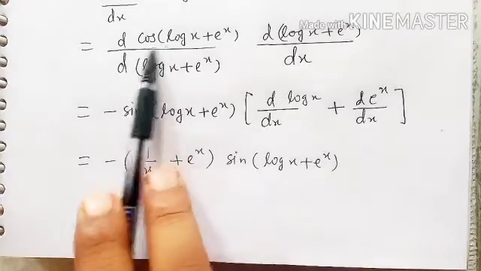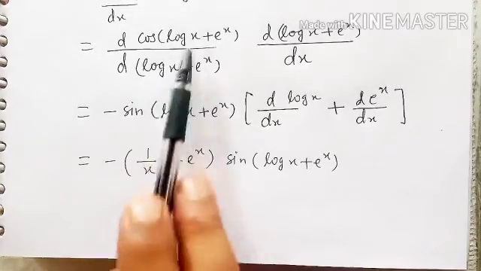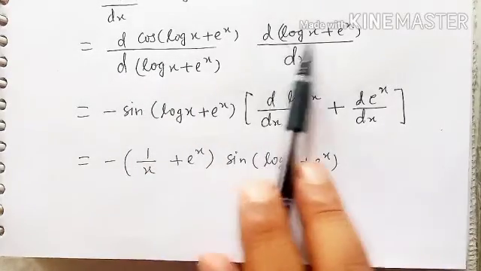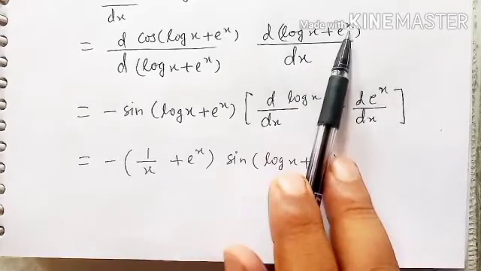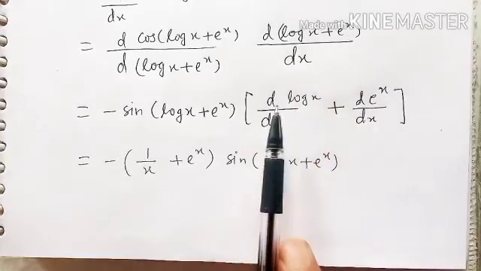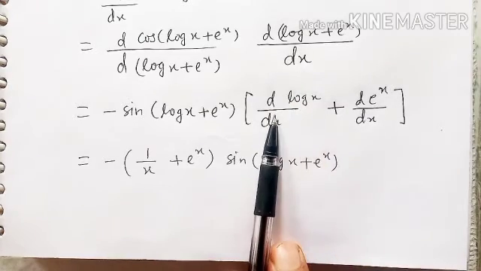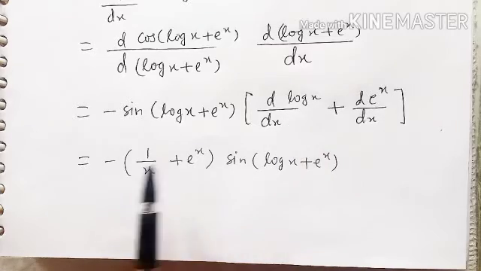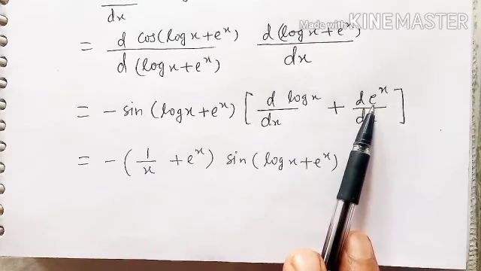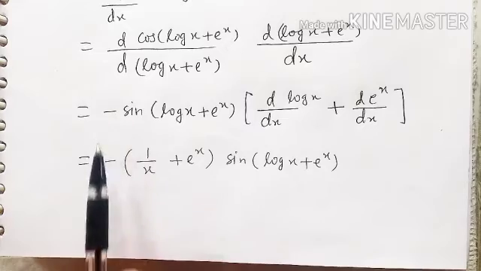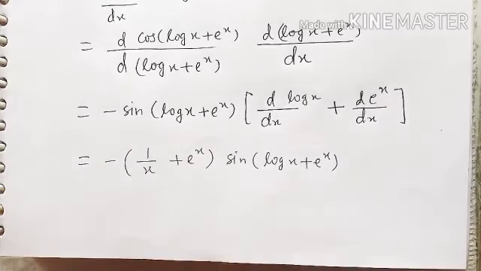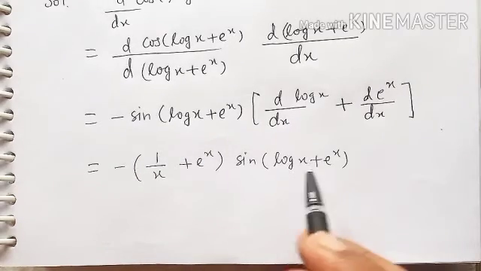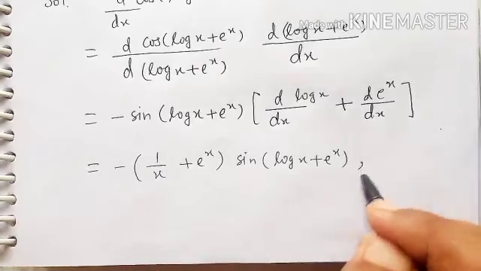Here the derivative of cos theta is minus sin theta, and the derivative of the sum of two functions is the sum of their derivatives. So the derivative of log x is 1 by x, plus the derivative of e to the power x is e to the power x, here minus, and this one is written here. We know that for log x to be defined, x should be greater than 0.